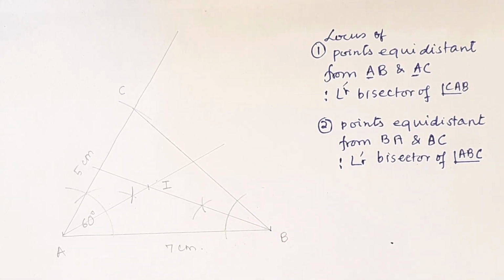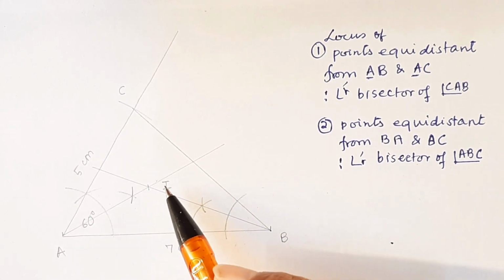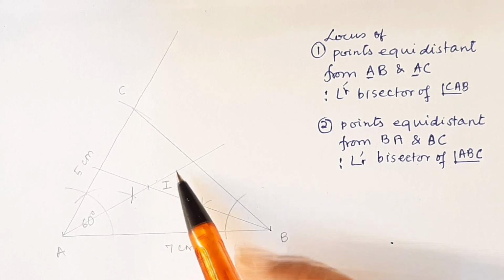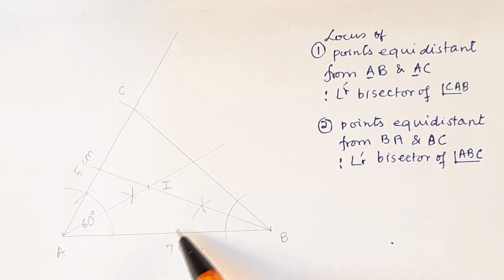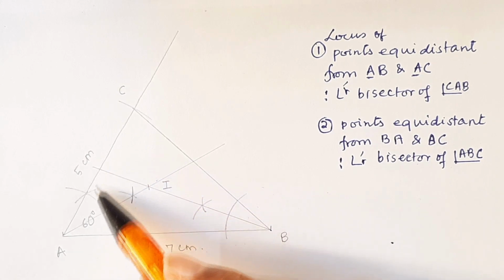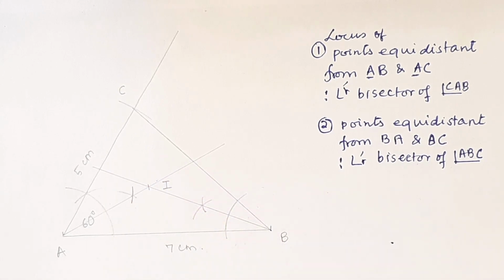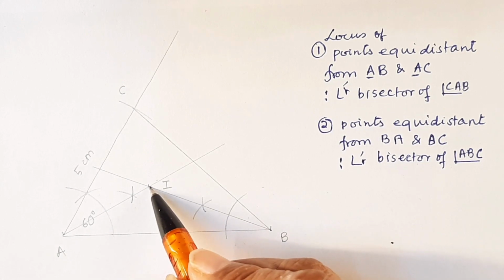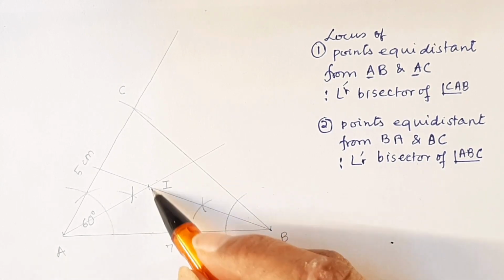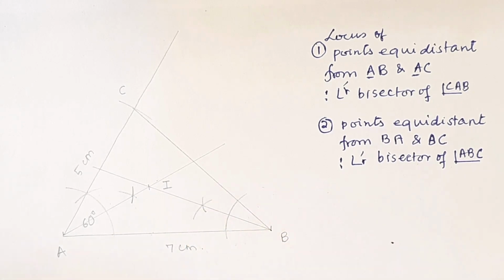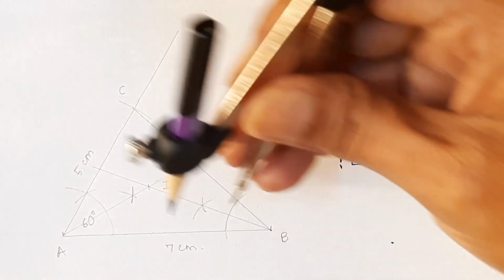Okay, we have to construct the circle touching the three sides of the triangle internally, which means the circle should go like this. It should touch the sides of the triangle internally. And for that, we will have to have the radius of the incircle. Radius of the incircle will be from here to here. But now we'll have to show the perpendicular from I up to AB.